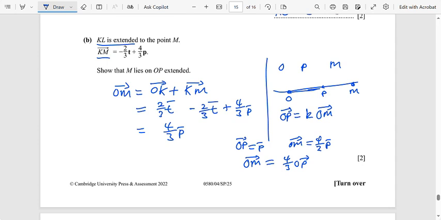That's one way of saying it. Or we might say that vector OP is equal to 3/4 of vector OM. That's the other way we can show that these points are on the same line. We are dealing with collinear points here.